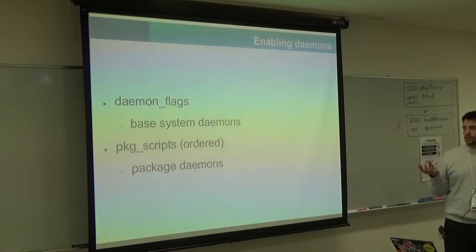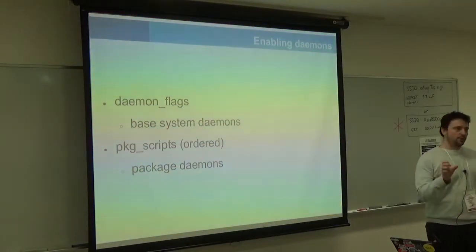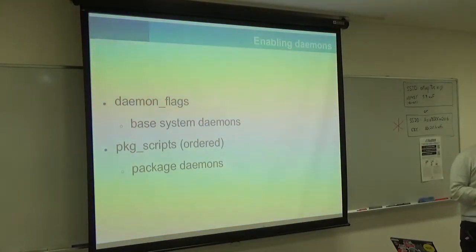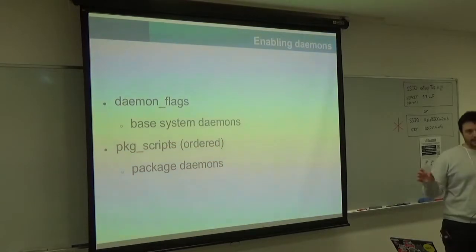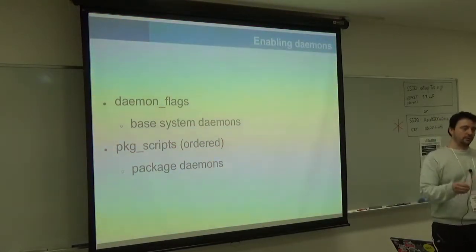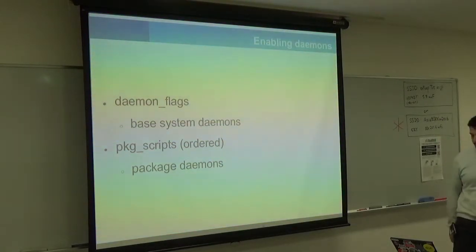So for that we created a small variable called pkg_scripts, which you can order, and that /etc/rc will run all the rc.d scripts that are listed in that variable in the provided order, and at the stop action it will stop them in the reverse order.